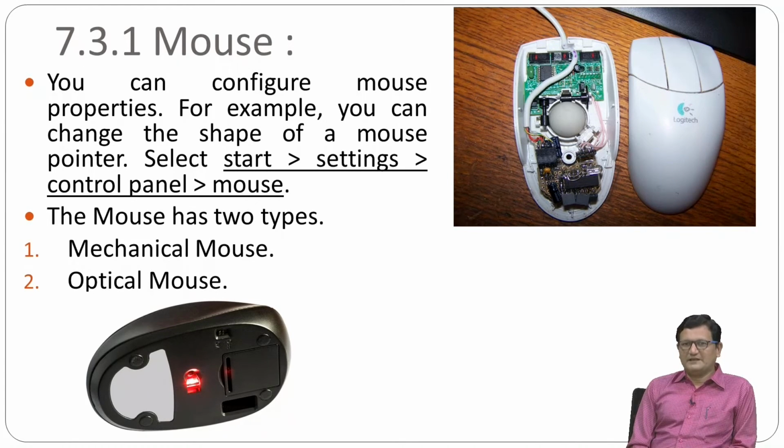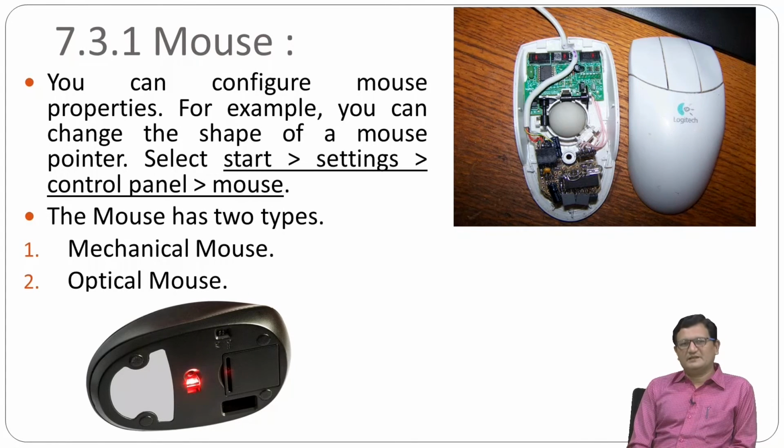So if you move the mouse, the trackball moves, and then both the sticks will move, and depending on how much the sticks move, the mouse pointer will move on the screen, right? So 2 sticks are there. One is for x coordinate, second is for y coordinate.